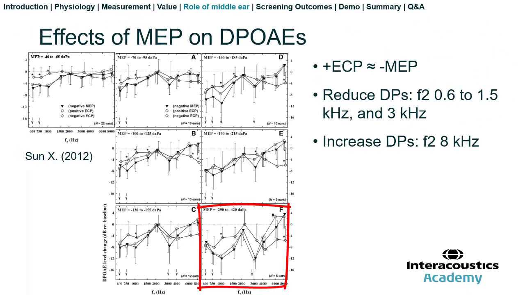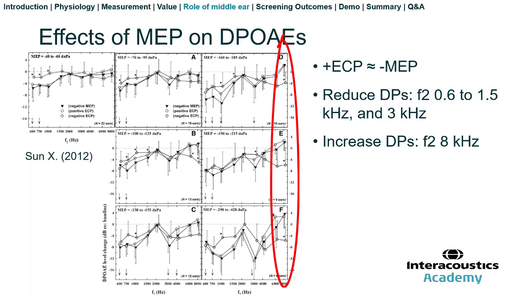They also found that for larger deviant pressures, the positive ear canal pressure and the negative middle ear pressure had some positive, above zero responses at 8 kilohertz, although not significant, which suggests a stiffening of the middle ear system, thereby giving more passage to the higher frequencies relative to your normal ambient condition.